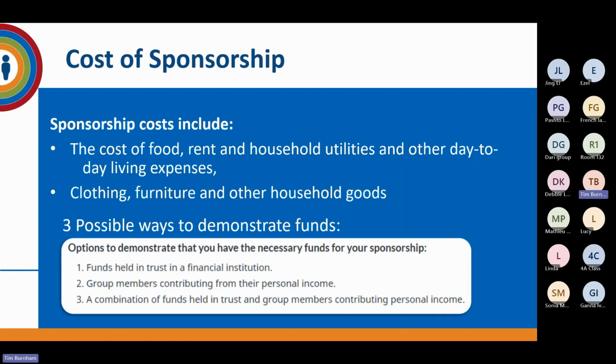If you are going to sponsor, you have to demonstrate to the government that you have all of the money ready for the sponsorship. You can do that by putting all of the funds into a trust account at a bank.